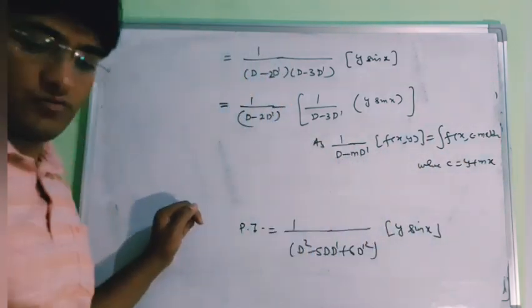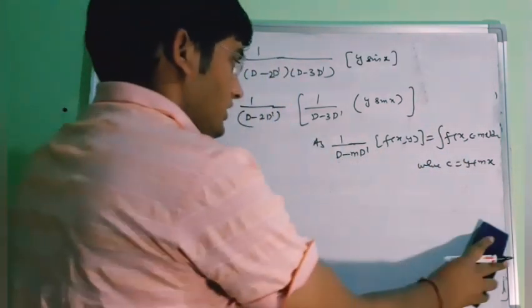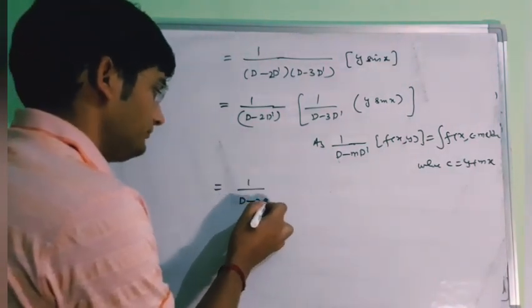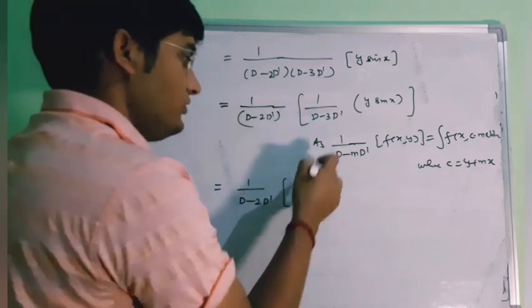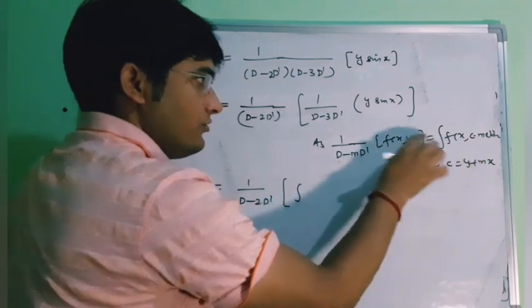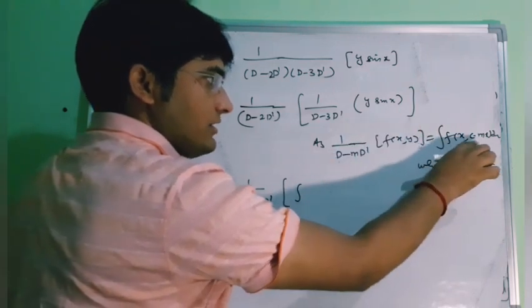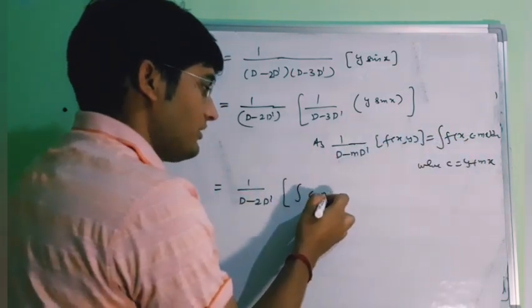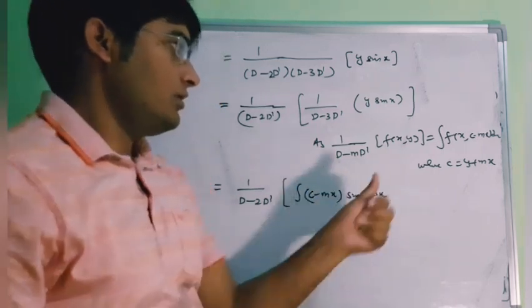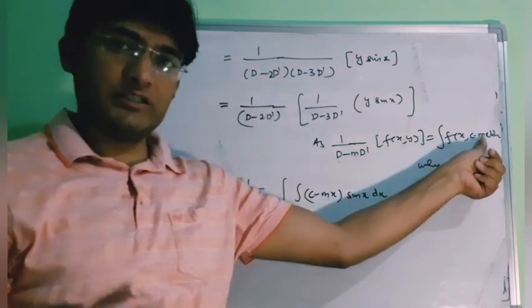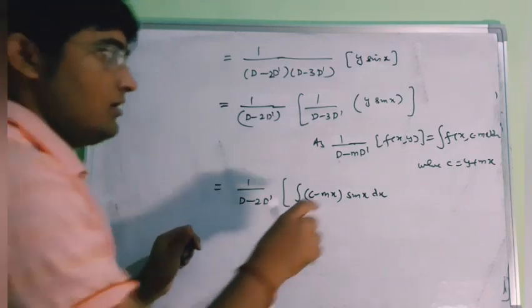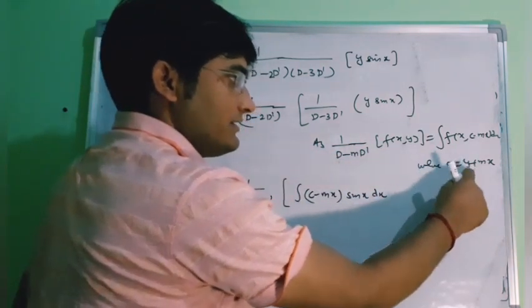So if we apply this formula, this will be the integration of sin x, and we will replace our y by c minus mx. So this will be c minus mx into sin x. The formula says that our y will be replaced by c minus mx, where c will be y plus mx.